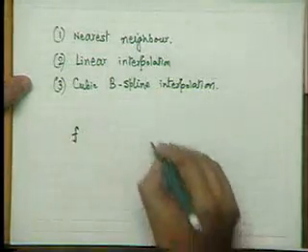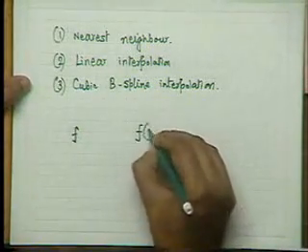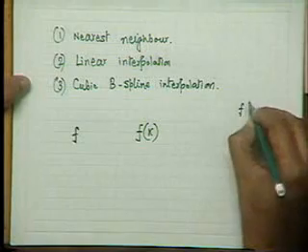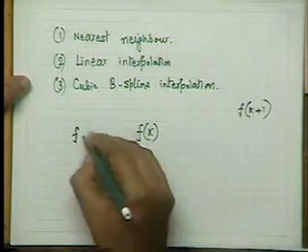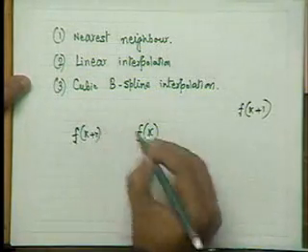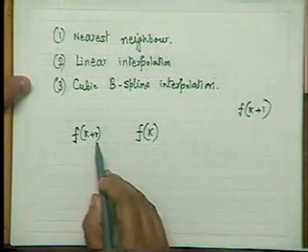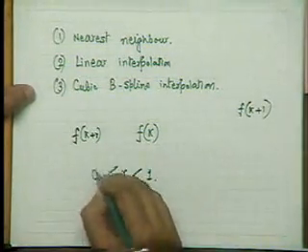Now in the case of linear interpolation, let us say that we know the value of an intensity function at some point k. At some point k it is known, and also the intensity function is known at the point k plus 1. And our objective is to find or estimate the function value at the point k plus r, where r lies between 0 and 1.